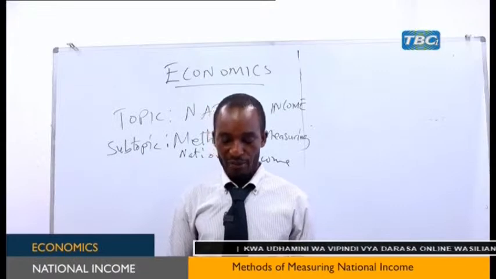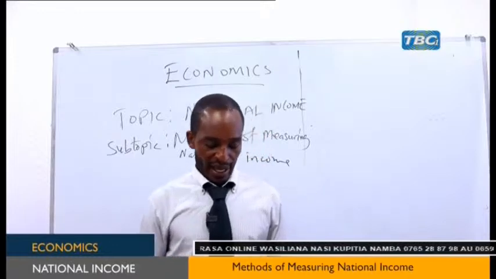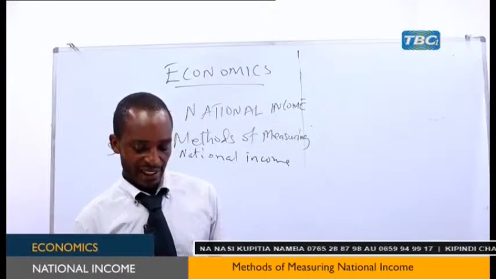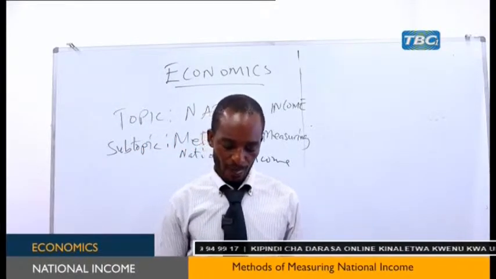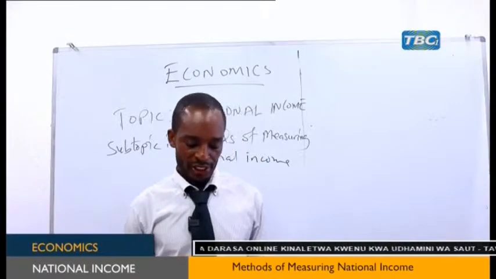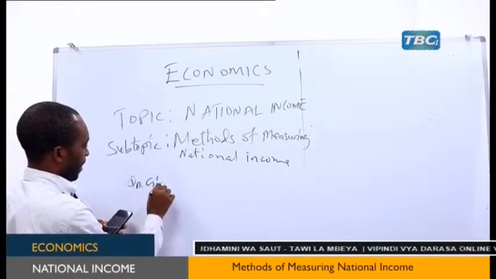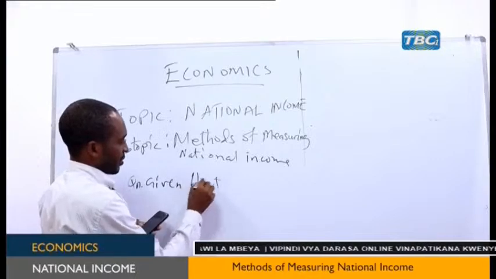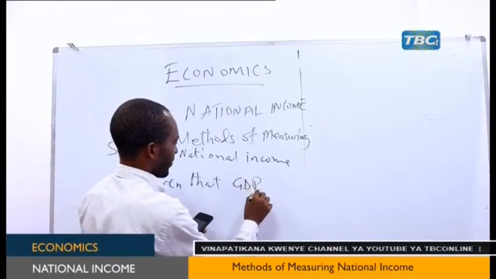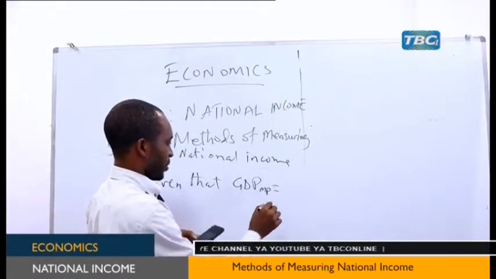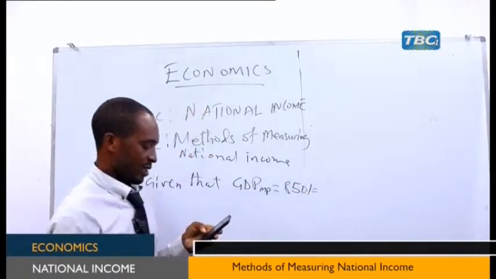Okay, welcome back. Now I'm going to solve some problems from my students. Here I received a question from Jacqueline and students of HGE from Moshi. The question is, we are given that GDP at a market price equals 850 shillings.